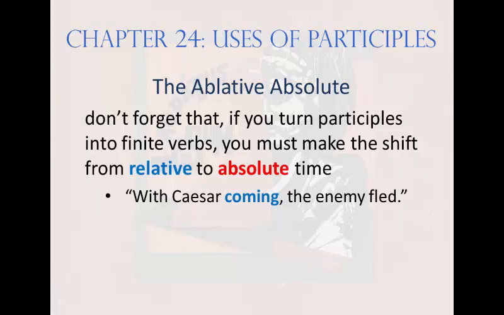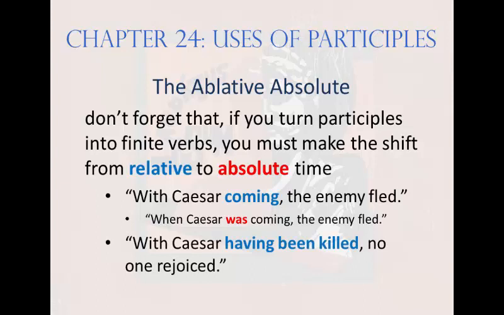When is the enemy's fleeing happening? In the past. So when is Caesar's coming happening? At the same time, the past. How then do you change "with Caesar coming" into a "when" clause with the finite verb? What tense do you use? The past, of course. When Caesar was coming, the enemy fled.